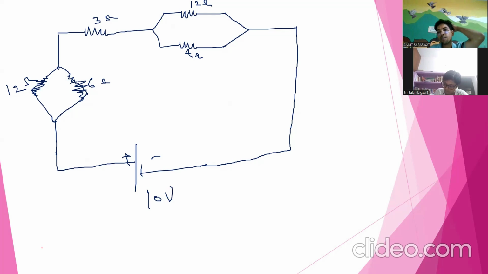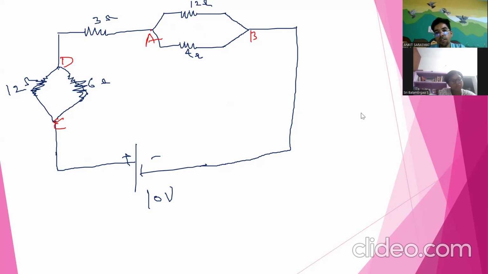Please first of all tell me what is the equivalent resistance. 12, 4. Take the junction. Here the junction is A, B. Here you can take C junction, D junction. In between A and B, what is the equivalent of 12 and 4?